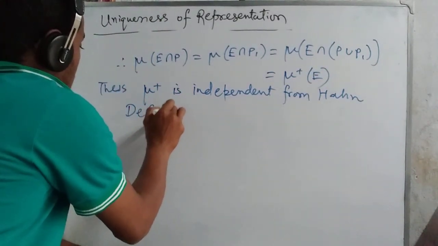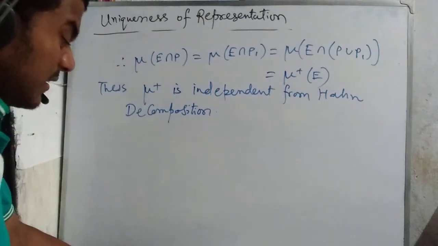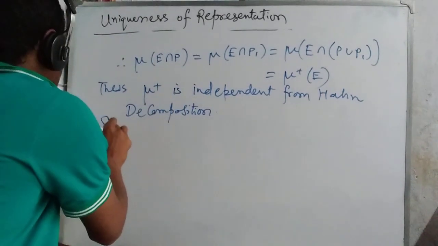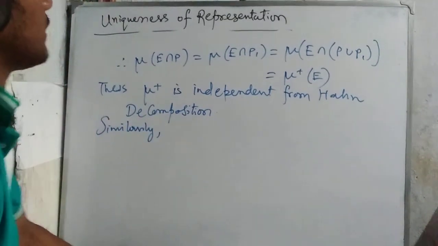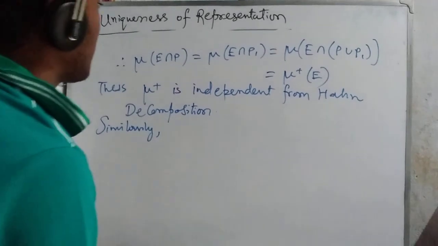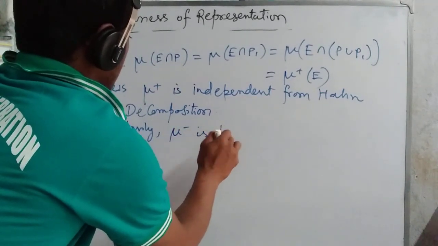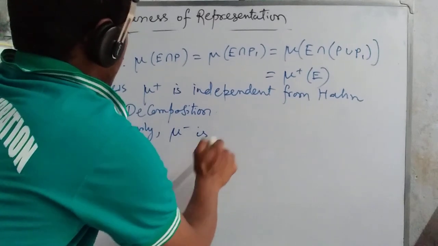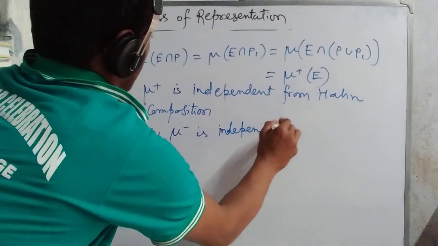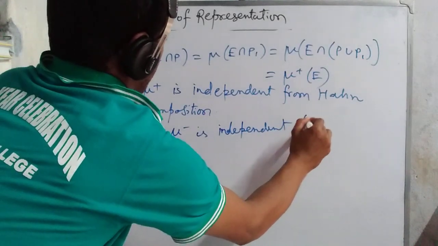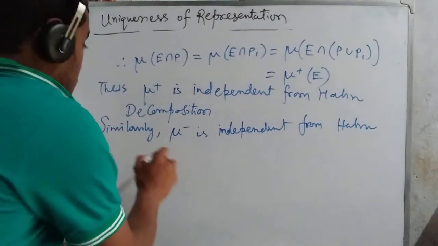Similarly, mu minus is independent of the Hahn decomposition.